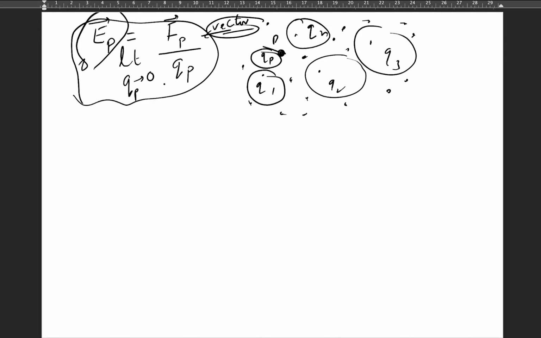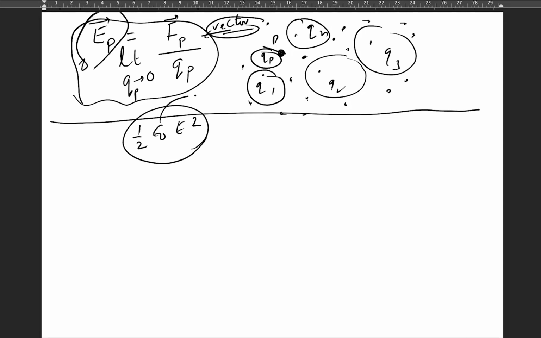Now, although this electric field is a theoretical concept which was formed to explain the action at a distance, however, it is quite real in nature. What does it mean? It means that we will study later that this electric field carries with it an energy, and the energy density is given by half epsilon naught E square, where epsilon naught, which we have seen in our previous slide, is a proportionality constant or the constant of the material, and here it refers to the vacuum, the permittivity of space.